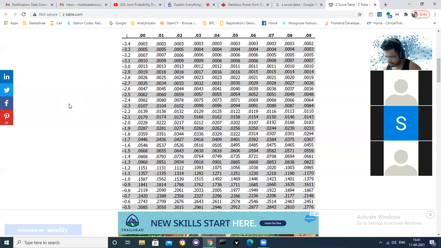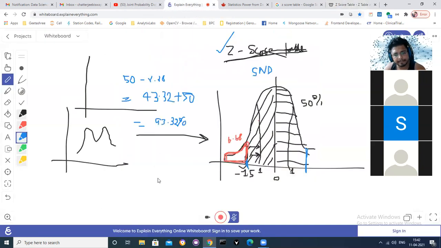Biswa, you said that we need to convert that into SND form, right? What if the distribution is completely irregular, in the sense going negative, positive, going beyond that? No, when you apply the z-score formula, xi minus mu divided by standard deviation, on each and every point of your distribution, it will become like this.